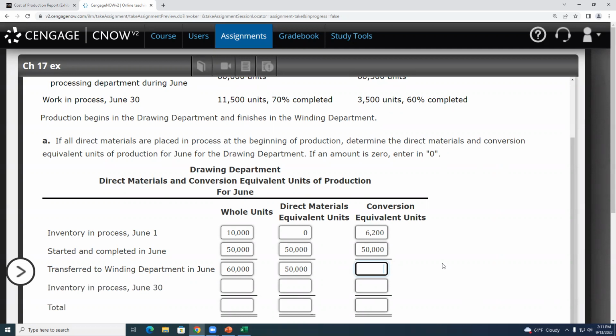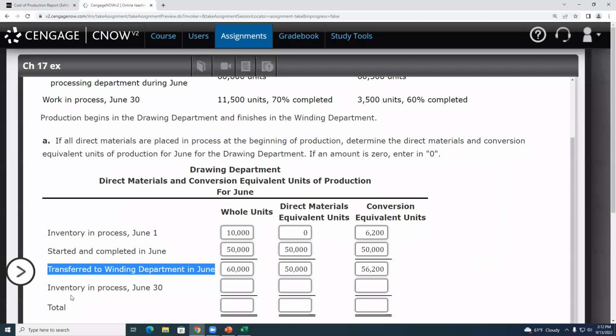And again, just adding down that column, we added another 56,200 units worth of conversion costs. The first 3,800 units of conversion costs for the beginning inventory were already in the beginning inventory. They were added in May. And so what we are totaling here on this line is just the costs that were added in June, the units of work that were completed in June. Make sense so far?